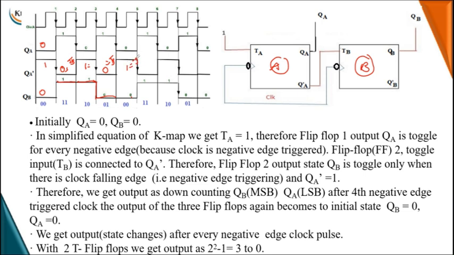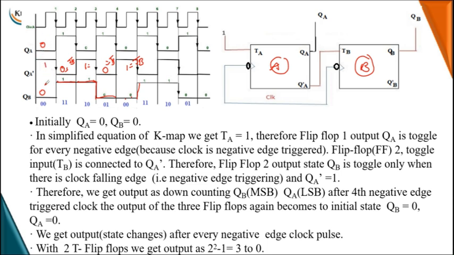So now TB is equal to 1. When it is 1, your present state will be toggled to the logical 1 state because of this TB input.